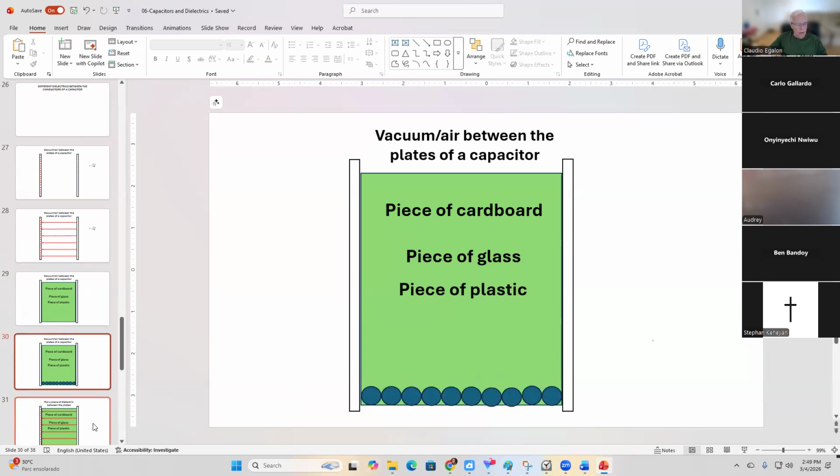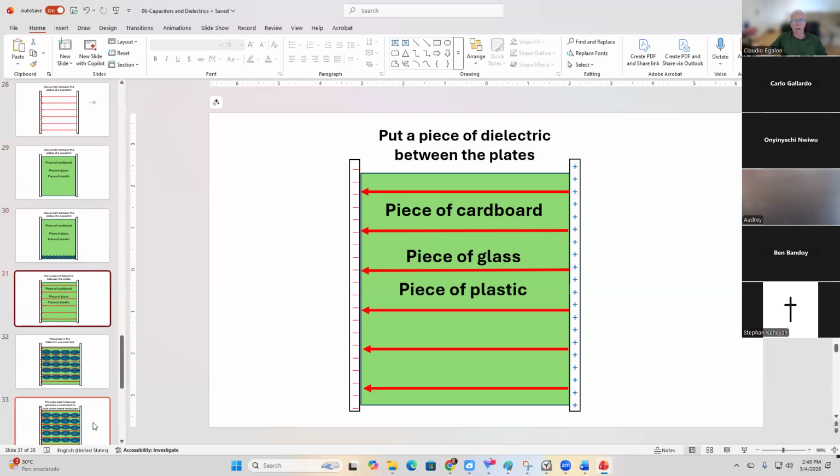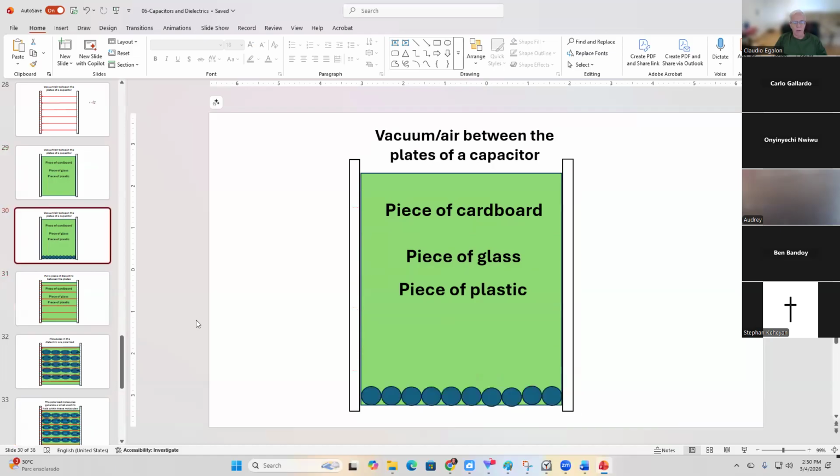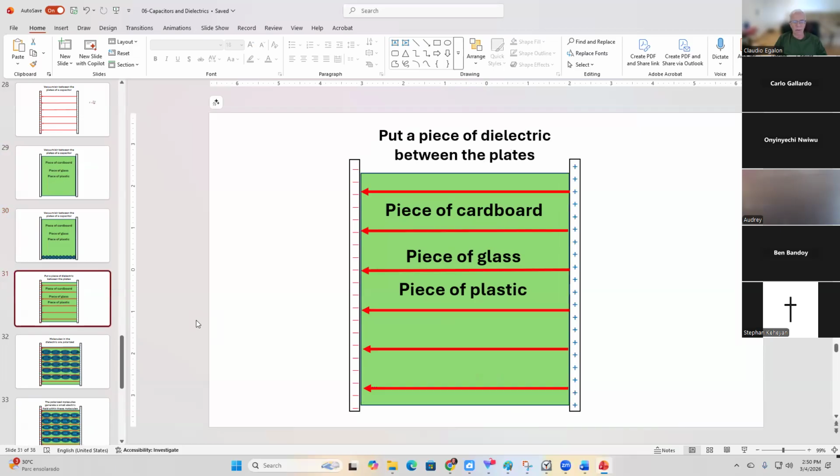But when we charge the capacitor, an electric field is established between the two plates, okay? And because we have those molecules in the dielectric, something interesting is going to happen.